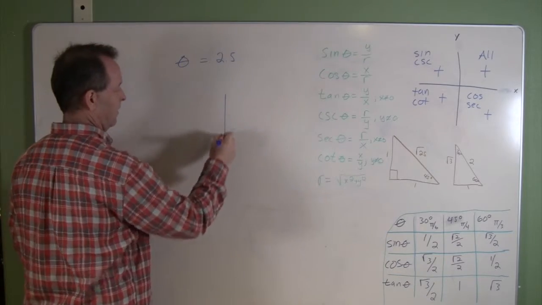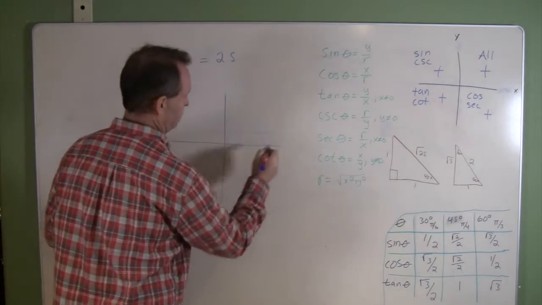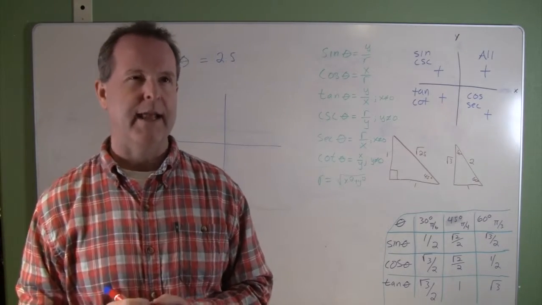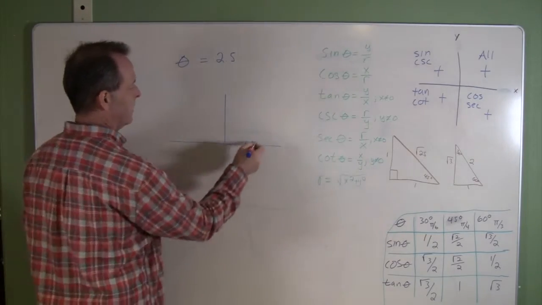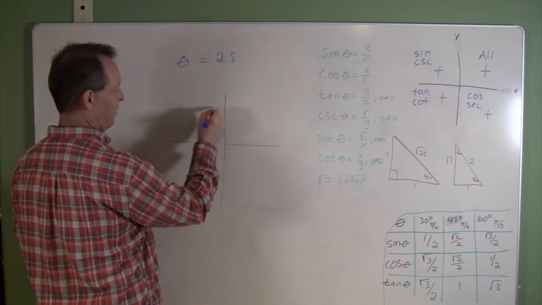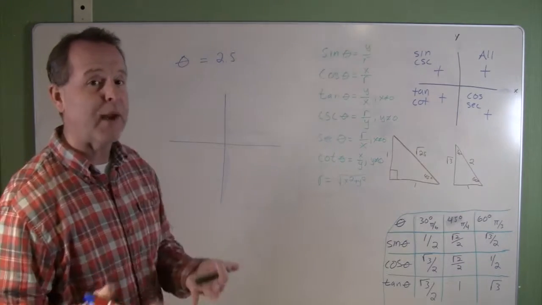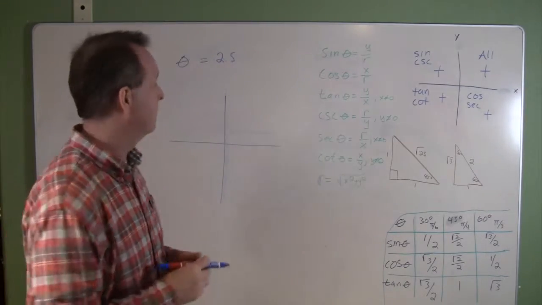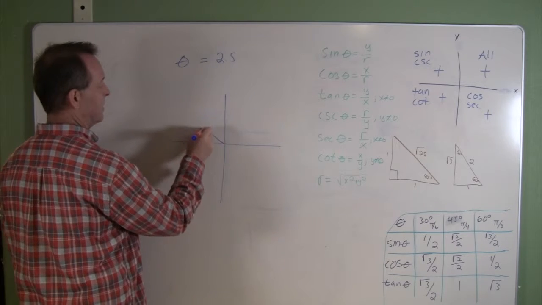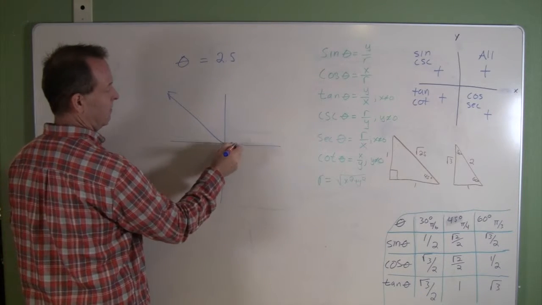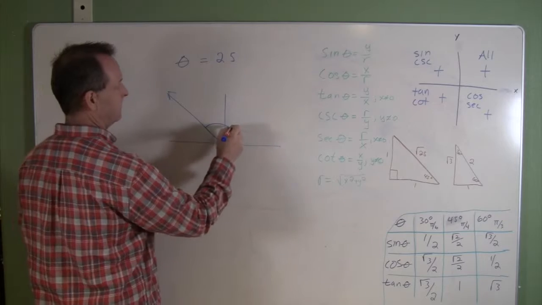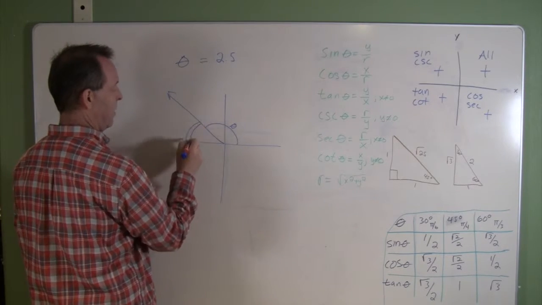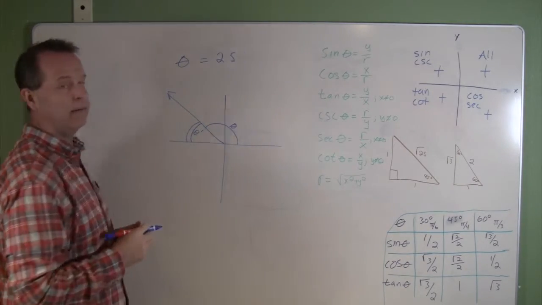I have to put my thinking cap on a little bit to think about where that lands. If I travel all the way over to the x-axis, that's traveling pi radians, and pi, if we cranked out the number, would be roughly 3.14. So I have some angle that's marching up in that direction. My theta right there is 2.5.